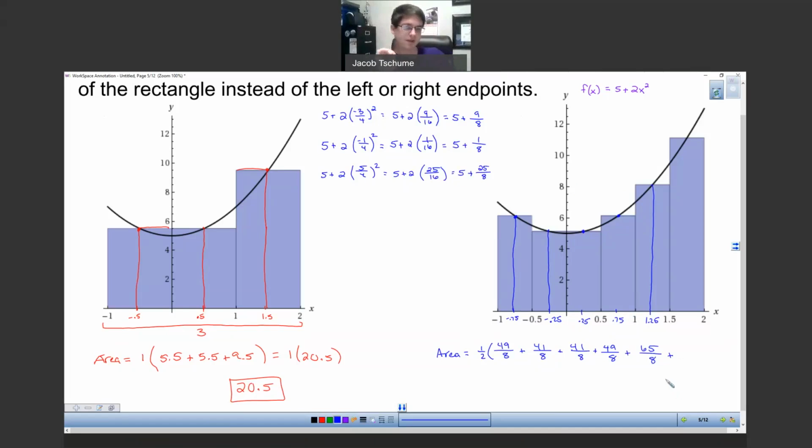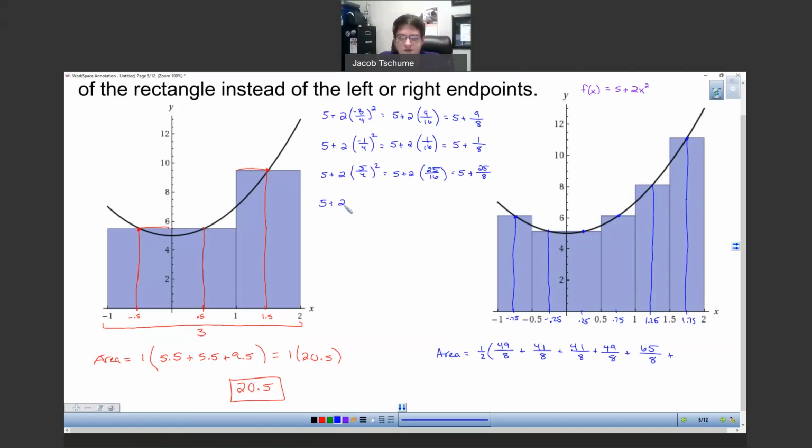Almost done though. The last one, 1.5 to 2. This is going to be 1.75 officially, but as you can see way up there at the top, that is not going to fall on a perfect number. It looks like it falls a little bit higher than 11, but let's figure out exactly what it is.